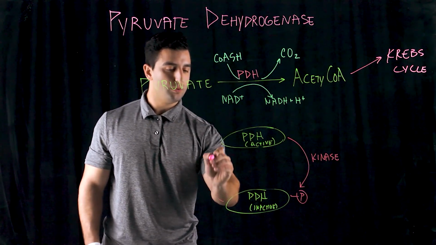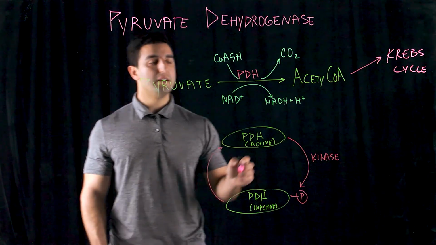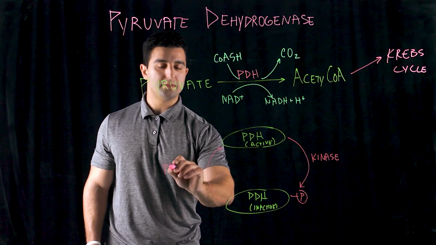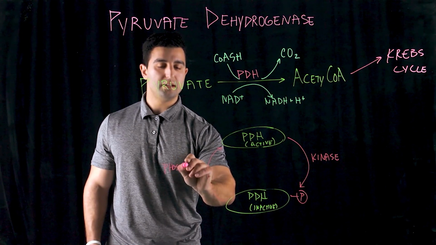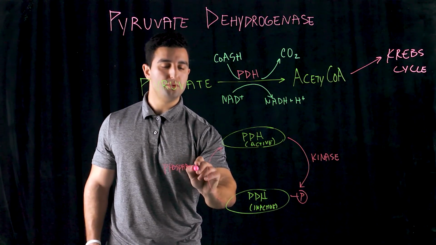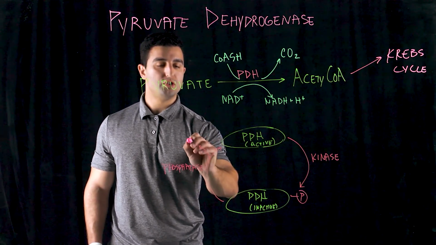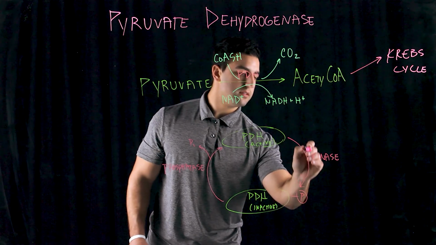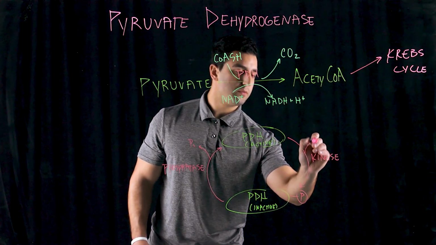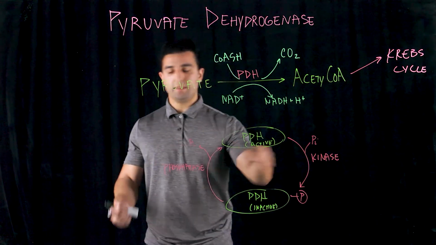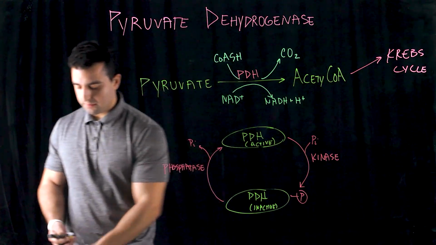Vice versa, the removal of this phosphate group is acted upon by a phosphatase, which removes the phosphate group and shunts it outside. So you have this entrance of a phosphate group, whether from ATP or some circulating phosphate, and this is what causes this phenomenon to take place.